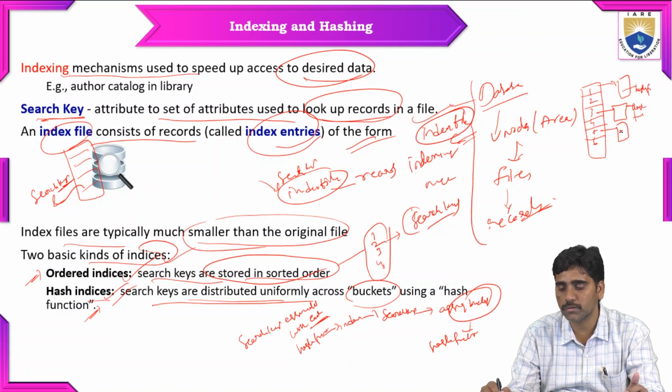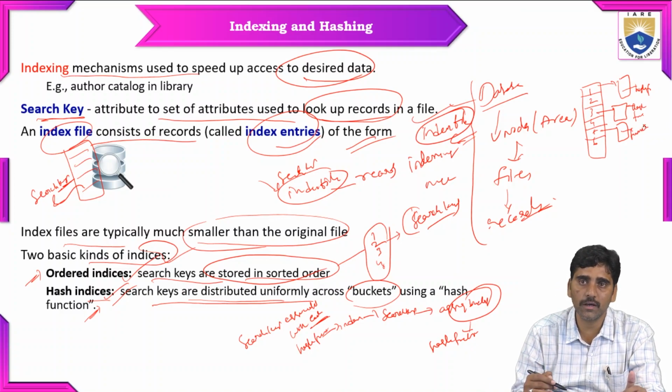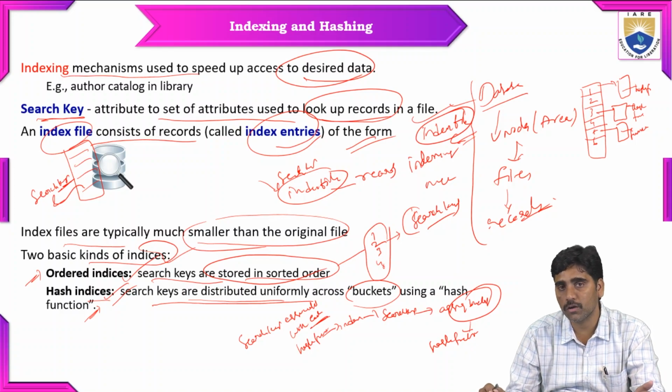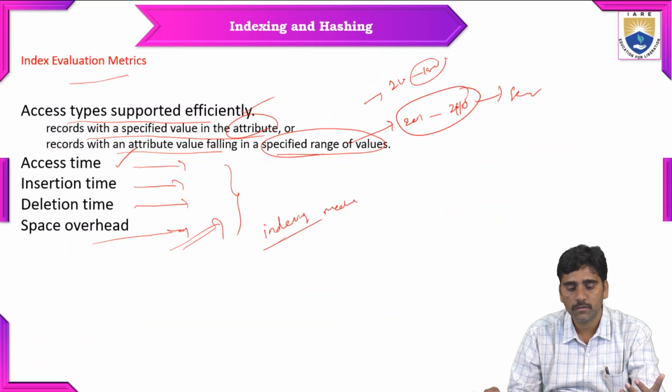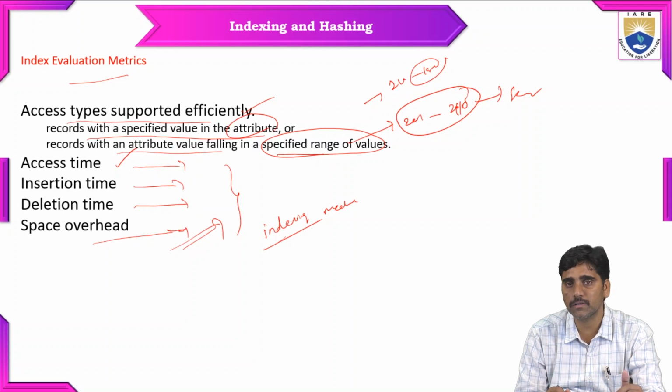For this hash function, we create some buckets, and the search keys are distributed uniformly across those buckets. On what metrics are we going to implement this indexing mechanism? We need to improve the access time, that is, retrieve the records in less time.